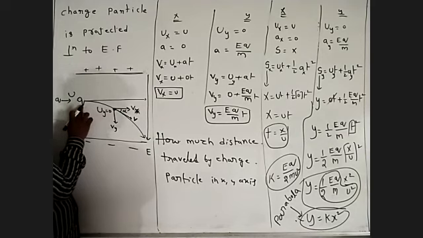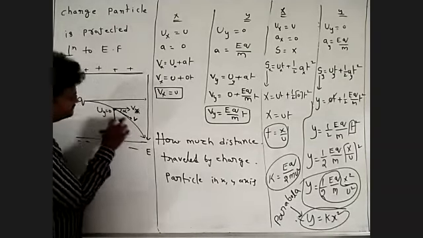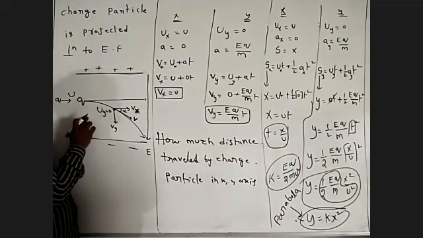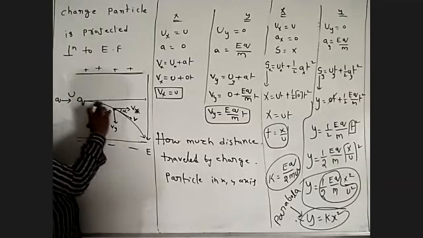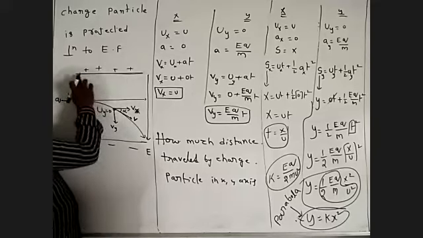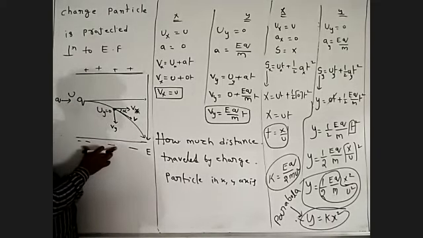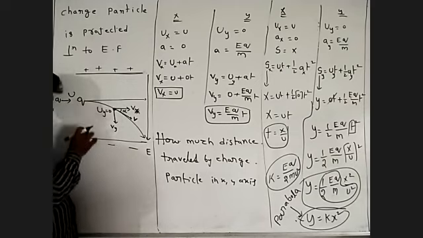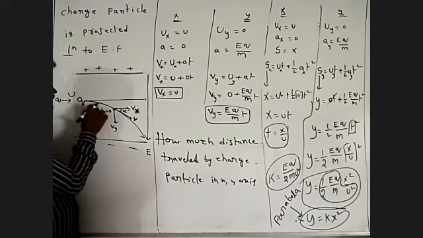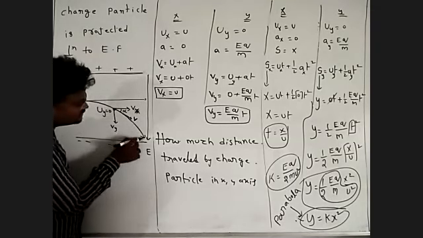Now the charge enters the field. The charge tries to go in this direction, and the path traveled by the charged particle is a parabola shape. This positive plate and this negative plate will attract the negative charge in the downward direction, so it tries to bend like this.